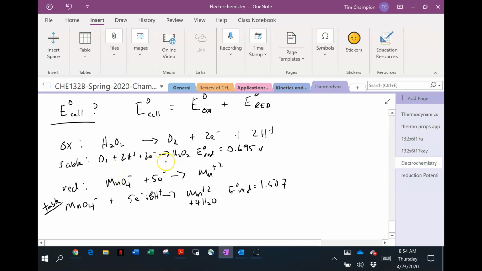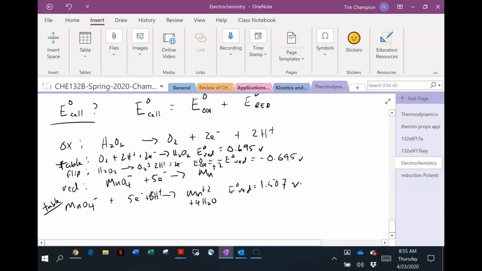This is a reduction. So if we flip this from the table, what we get is H2O2 goes to O2 plus 2H+ plus 2 electrons. That E naught is now an oxidation E naught. It's going to be negative the E naught reduction that we just looked at, so negative 0.695. And again, both of those are volts.